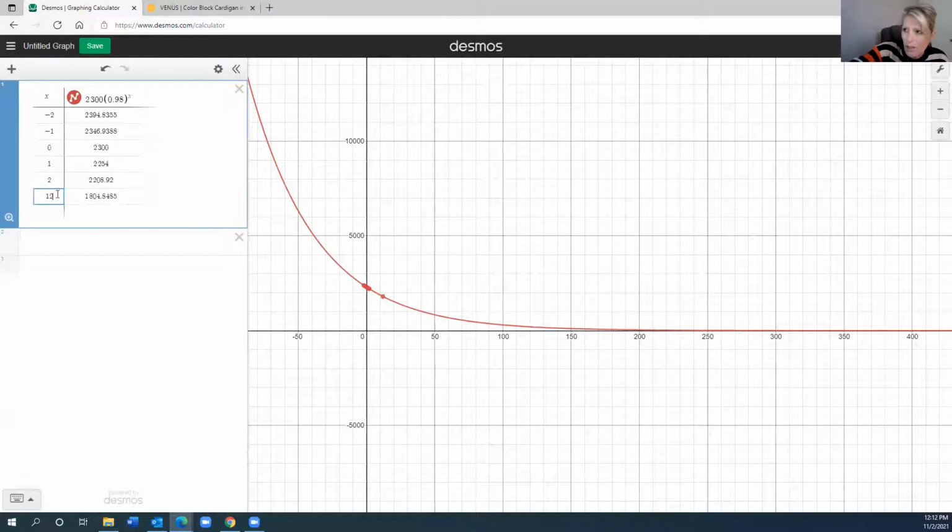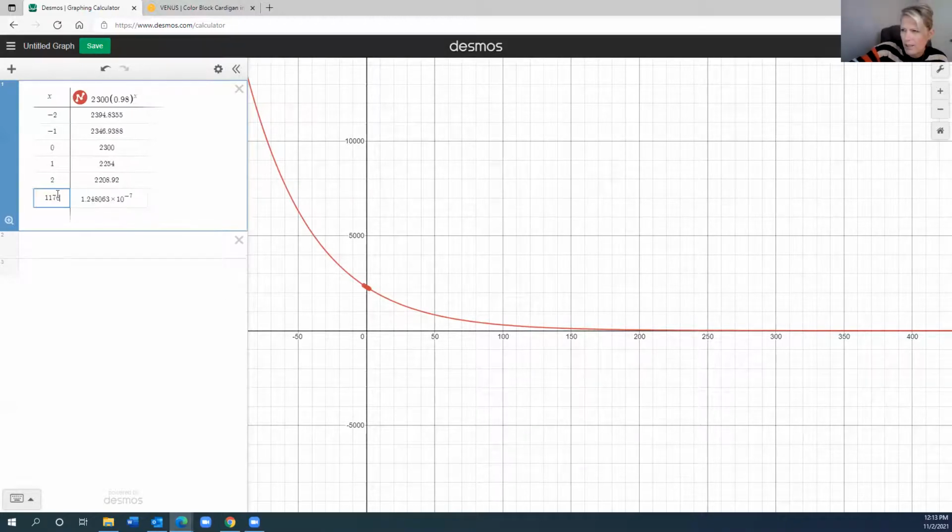They're still going to owe. 11 years is 132 months. Oh my gosh, you're still going to owe. 12 years is 144 months. 13 years is 156 months, getting closer. 14 years is 168 months, almost.